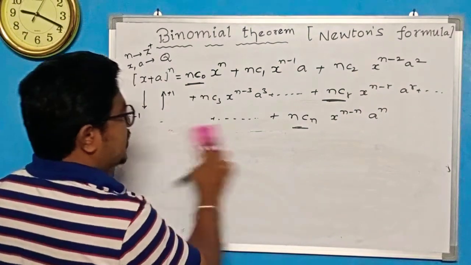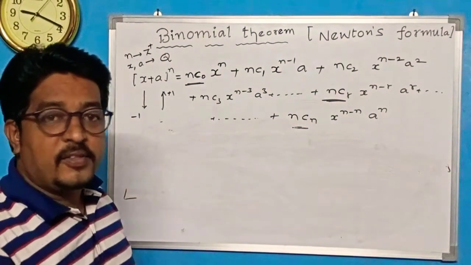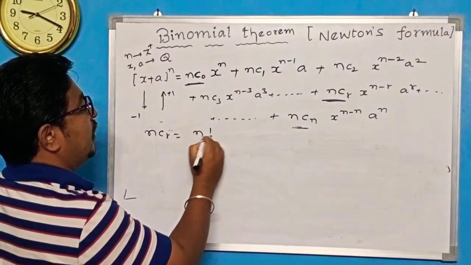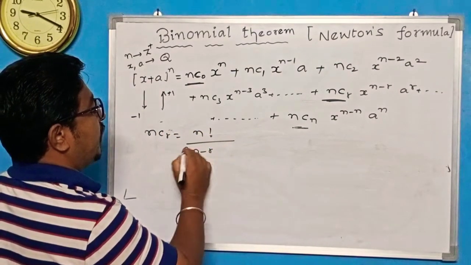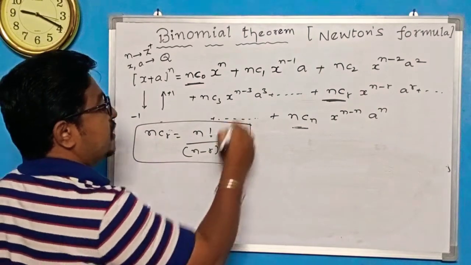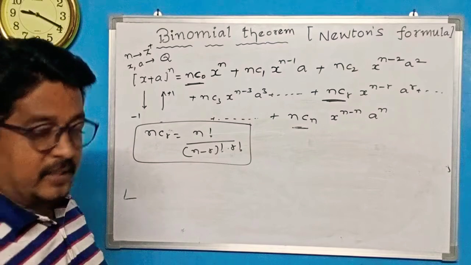This factorial concept is used because we have the condition nCr is equal to n factorial by (n minus r) factorial into r factorial. For this convenience, we are using this factorial condition.